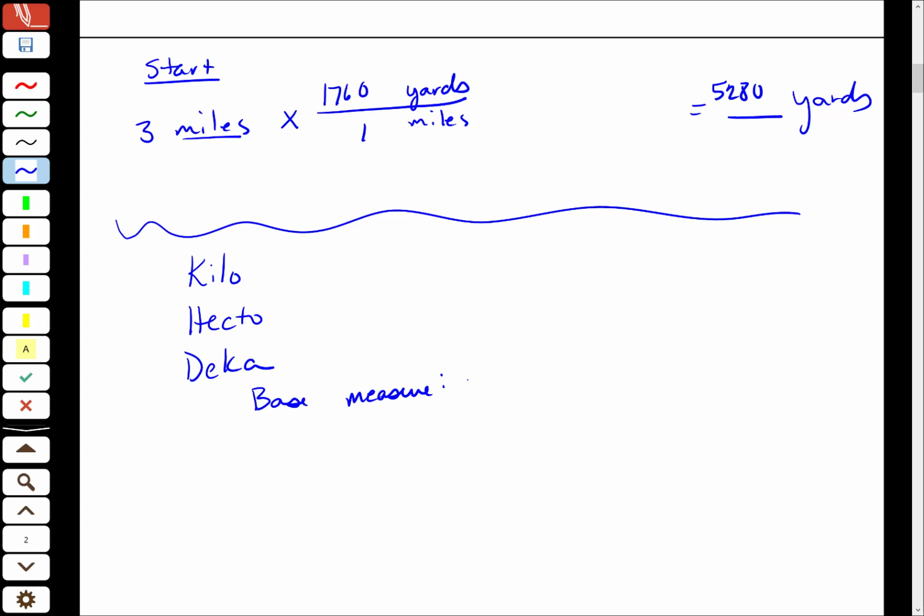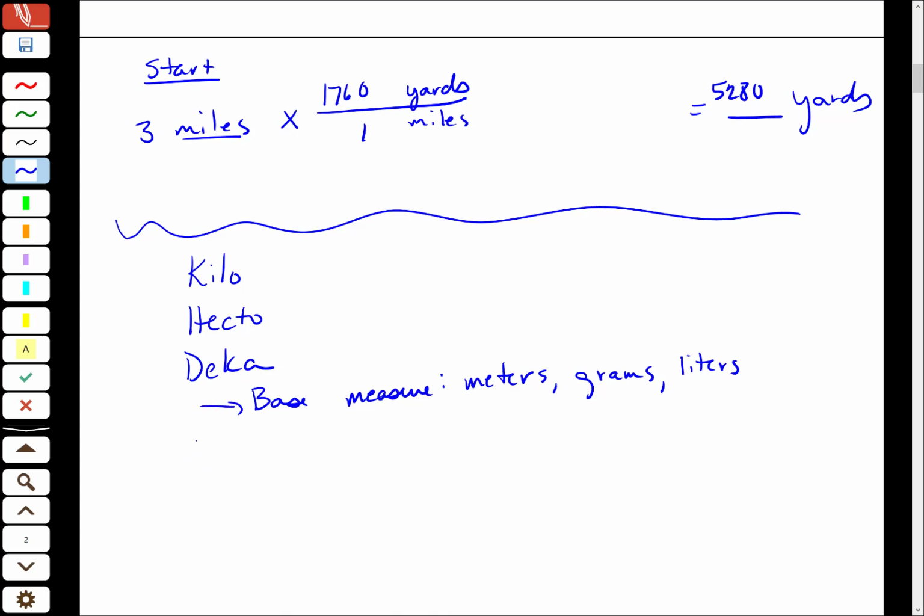In the metric system, the base measure can be things like meters, grams, liters, right? So you can have kiloliters or kilograms, all of those things. But this is called the base right there.